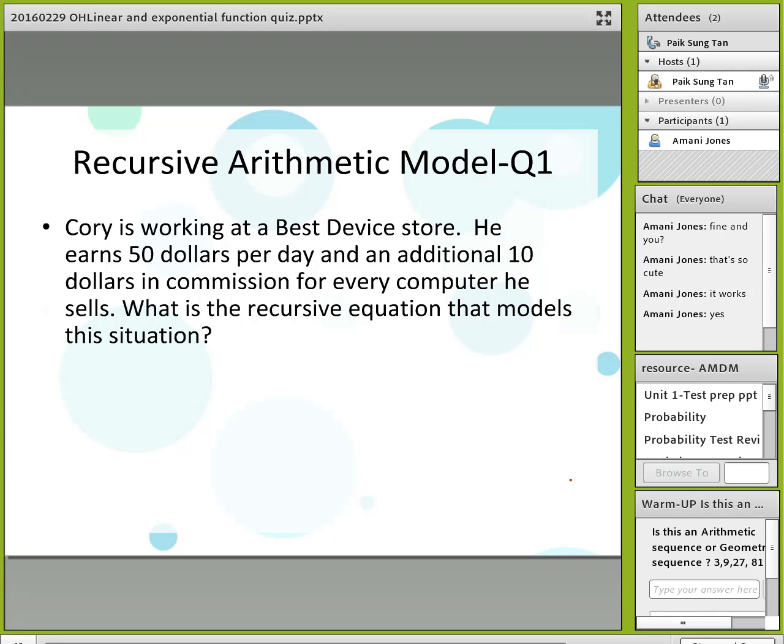When we talk about recursive, we're talking about an equation that requires previous terms to calculate the next term. For things that require a previous term, we usually use the symbol A with a subscript n to start writing the equation.